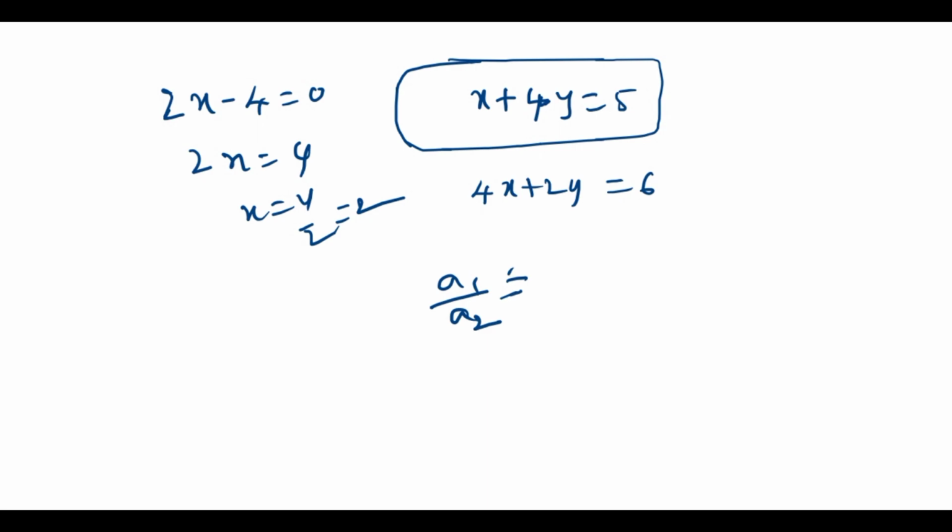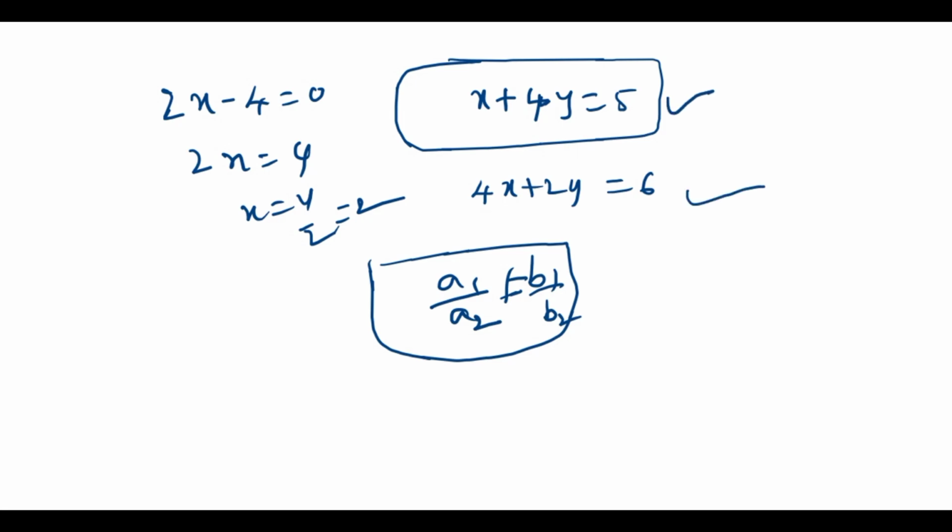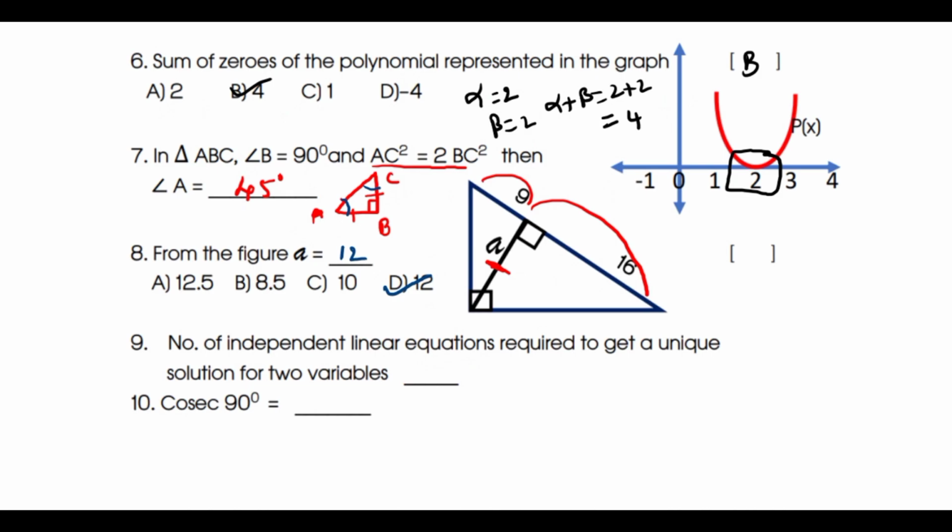If this condition is satisfied for the two linear equations, then it has a unique solution. That means how many equations do we require here? Two equations. So the answer is 2.